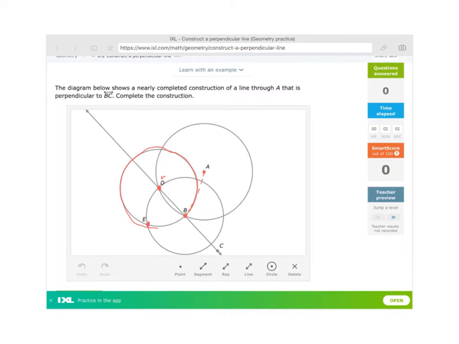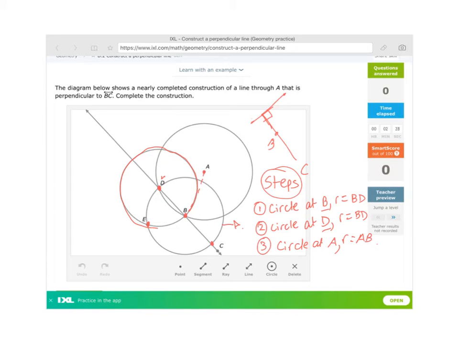Circle at D, radius BD again, but the points have changed. From B it went to D. When I say circle at B, I mean the center is B. And then the third step is circle at A, and radius is AB. So now I've got all these points of intersection.